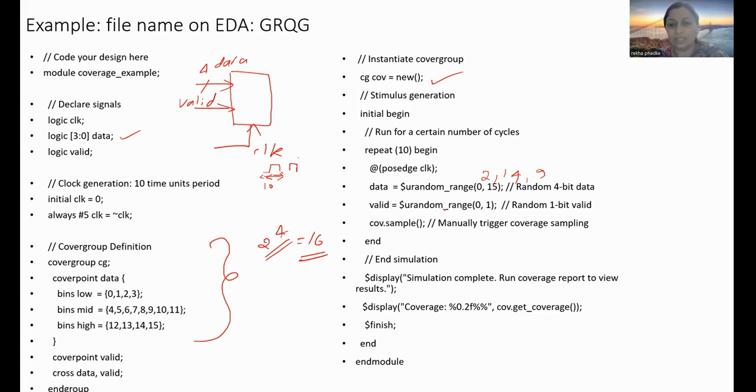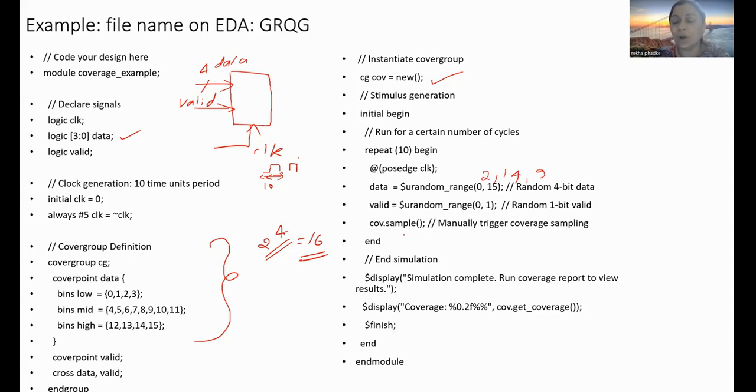So that's the syntax. And during this random number generation, I'm also invoking the task sample, which is the built-in function for cover group. What this does is it records the number of test cases being executed or being generated. So it keeps a record of that.